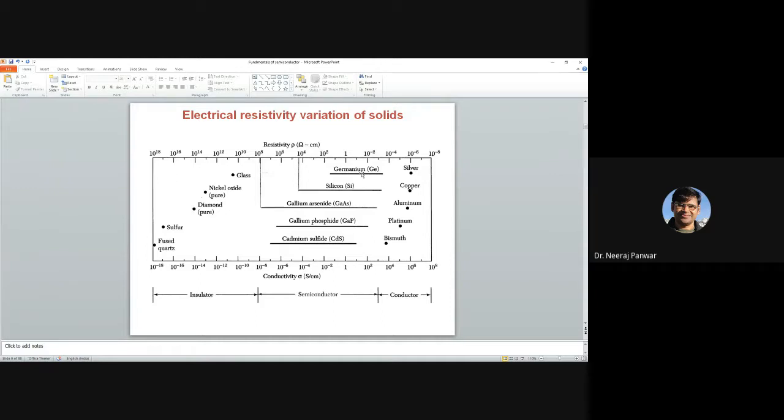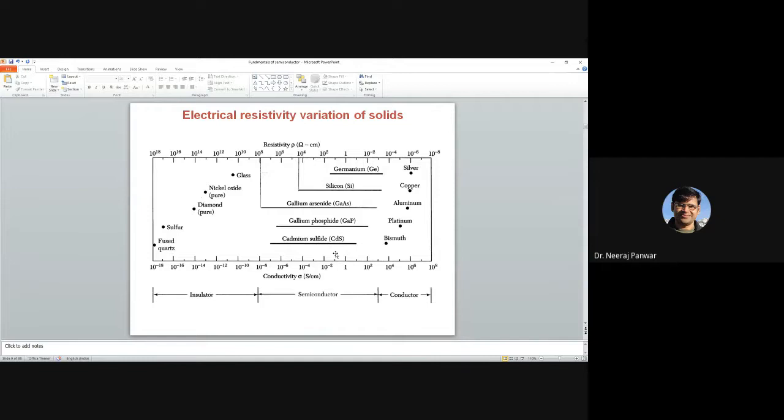So this is the resistivity graph of insulators, conductors, and semiconductors. It is just the inverse of that, and you can see that in the semiconductor region we have germanium, silicon, gallium arsenide, gallium phosphide, cadmium sulfide.